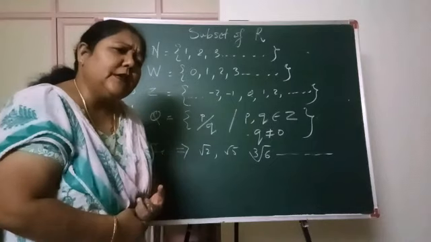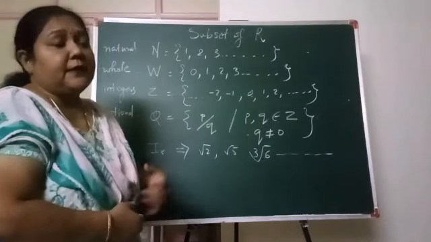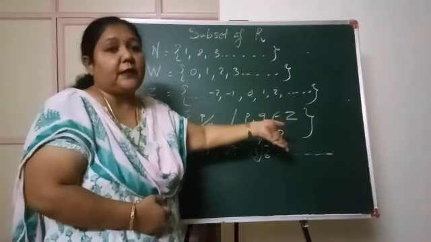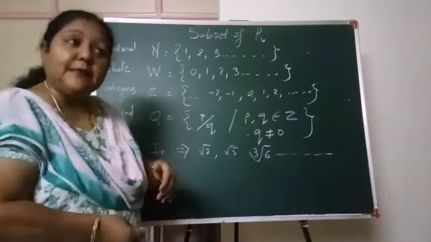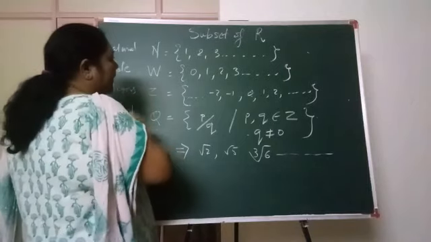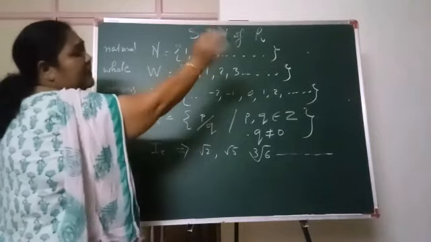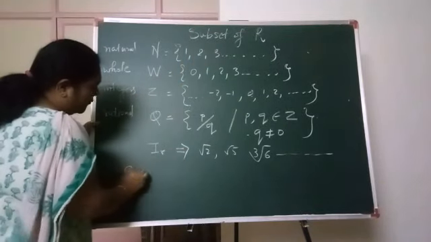Now you have just learned subset. When one set is completely inside another, we say that it is a subset. So over here, if you observe carefully, how many possible examples of subsets can you give from this?